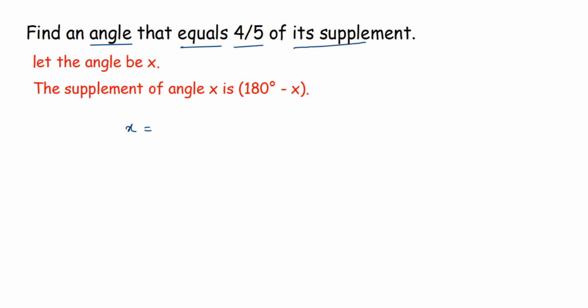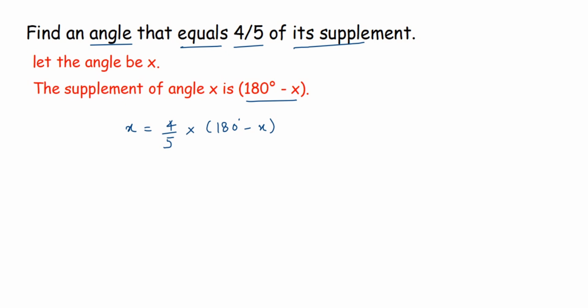The supplement angle is 180 degrees minus x. So this is the equation. Here we have "of", and of means times, multiplication. I wrote this just for explaining, so you can remove that and put a multiplication sign. Now we have to solve this equation and get the value of x.